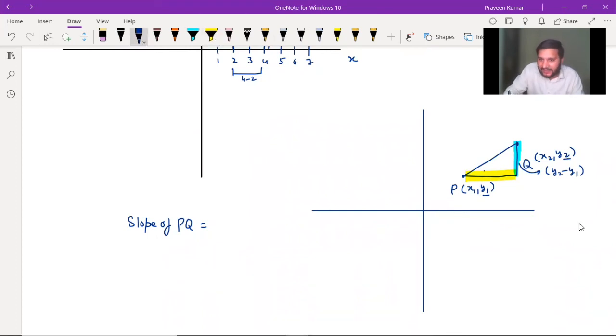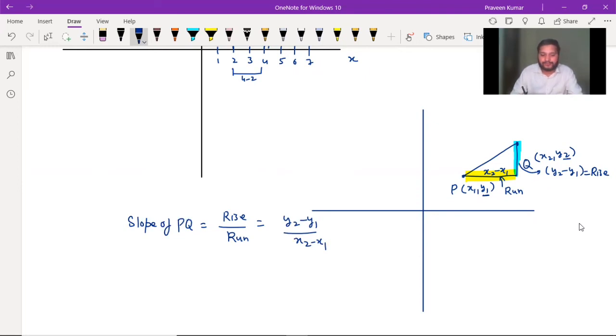So this is change in x, x2 minus x1. So what is my rise? Rise is y2 minus y1. What is my run? Run is x2 minus x1. So slope will be in general rise over run, which is nothing but y2 minus y1 upon x2 minus x1. Is that okay? Yes.